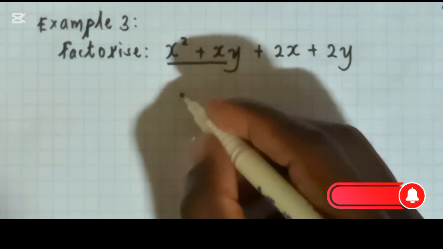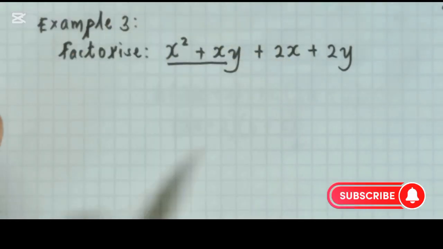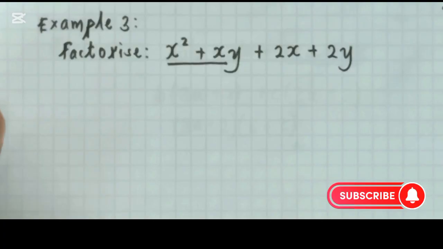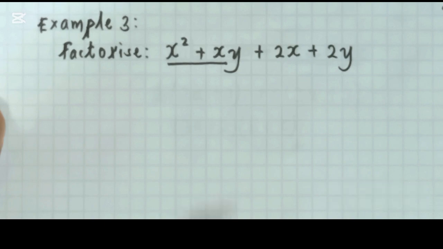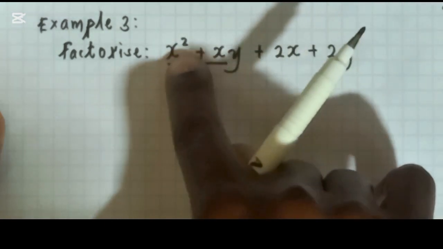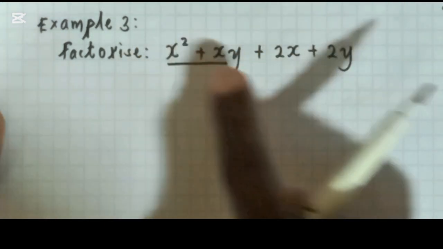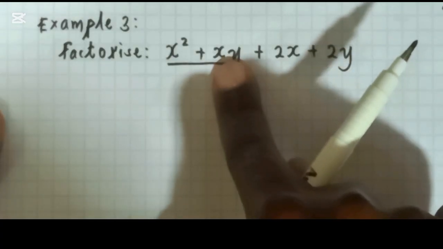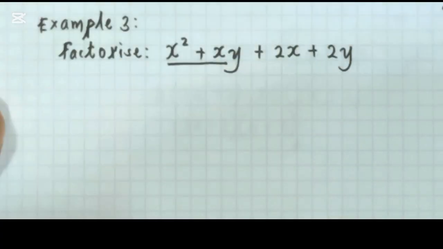So starting with the first pair, we're having x squared plus xy. I want you to note that x is common in the two terms, x squared and xy. And whenever we have that particular scenario, I told you that we take x with the lowest power. In this case, x has the power of 2, which is greater than the other one, which has a power of 1.